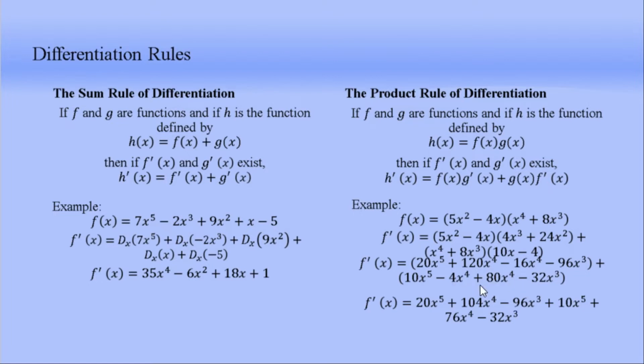And then same here in this parenthesis, we have the same like term of x raised to the fourth power. So we're going to add negative 4 to 80. So negative 4 plus 80, that would equate to positive 76.